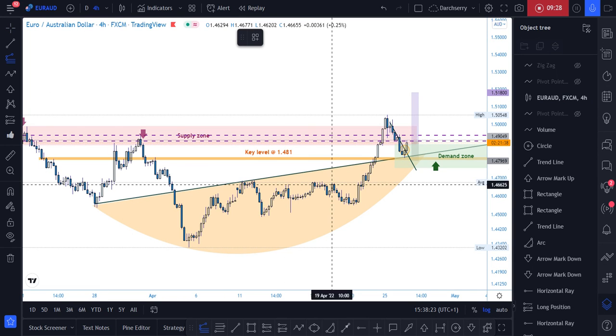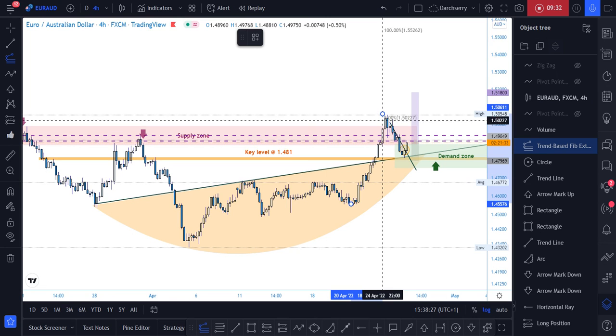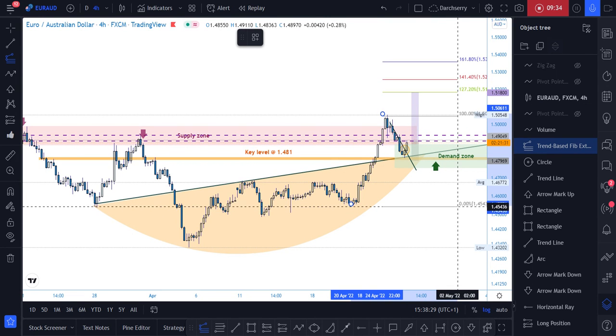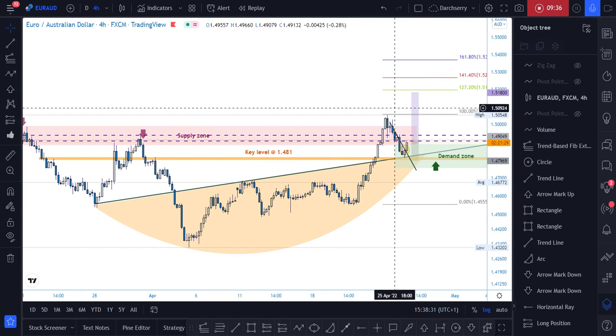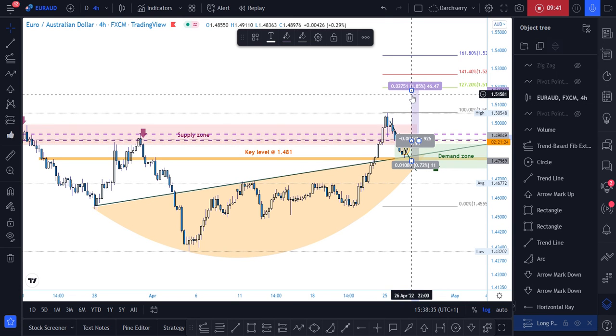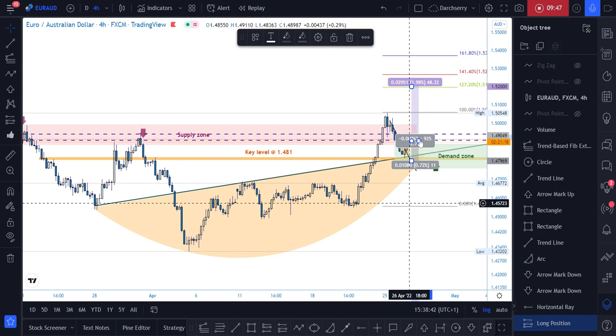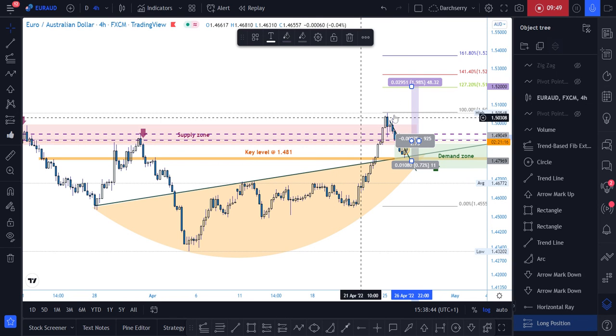So if we pull out our Fibonacci extension tool and connect the impulse leg, what are we going to be having at our 127.2% area? That is going to be around 1.52 take profit target. So I'll adjust this to 1.52, where we'll be looking at approximately 300 pips thereabout.